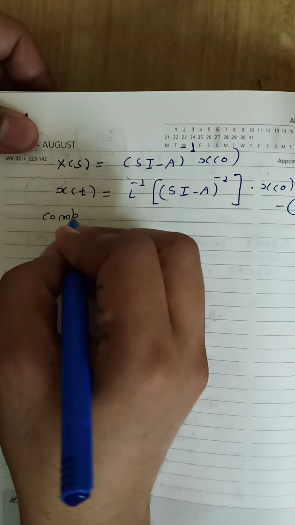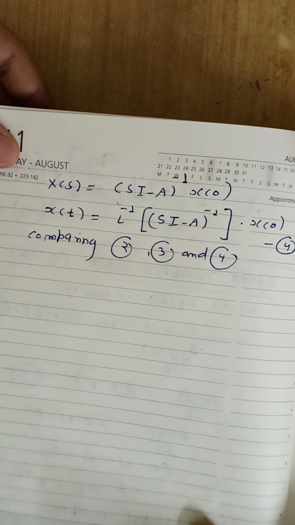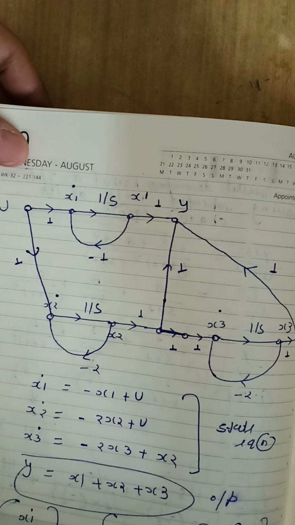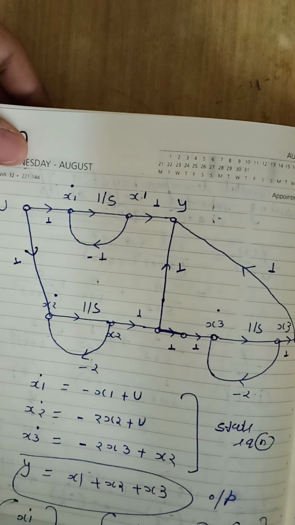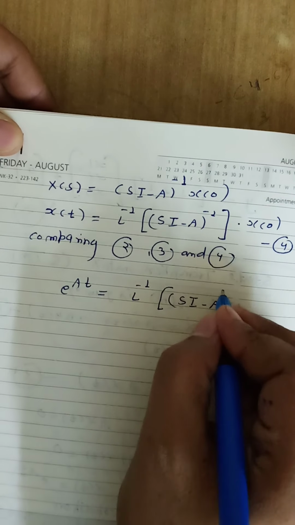So after comparing the second, third and fourth equations, we have e to the power At equal to inverse Laplace of (sI minus A) inverse.